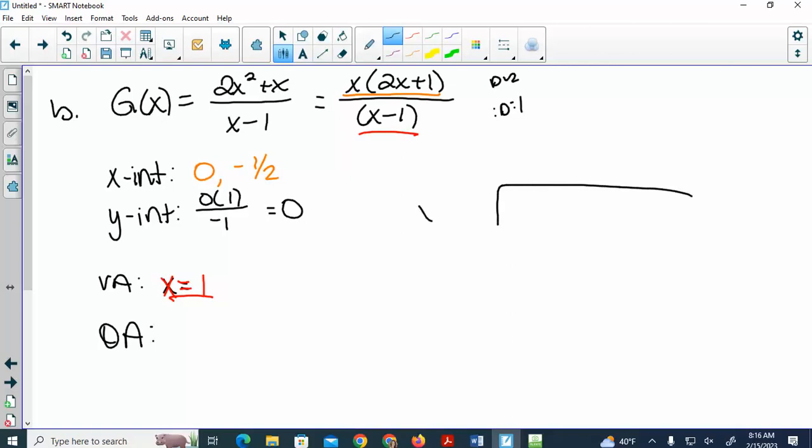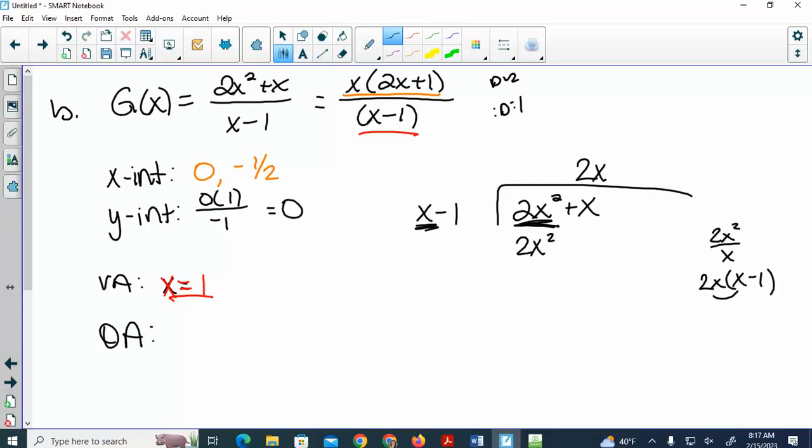The bottom goes outside, the top goes inside. Then we start dividing. So 2x squared divided by x gives us 2x. Then you multiply, so you take 2x times the x minus 1, so we get 2x squared minus 2x.